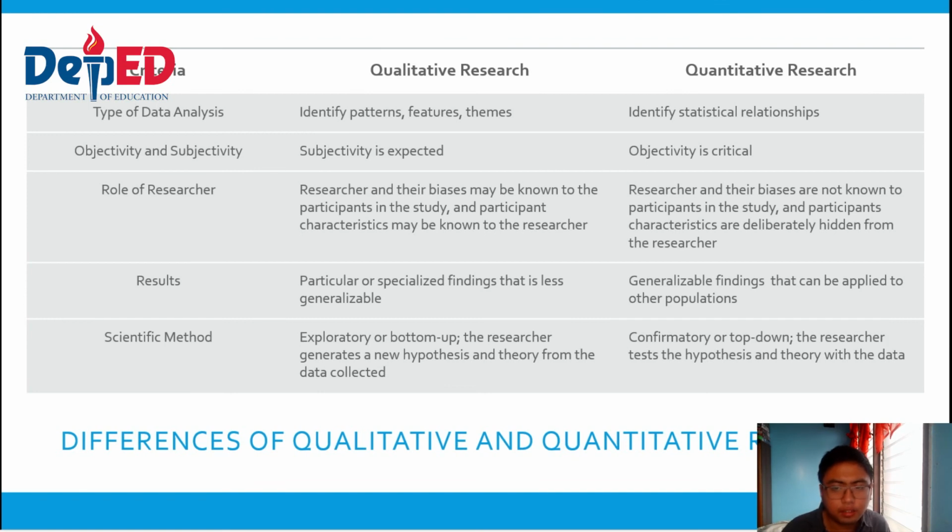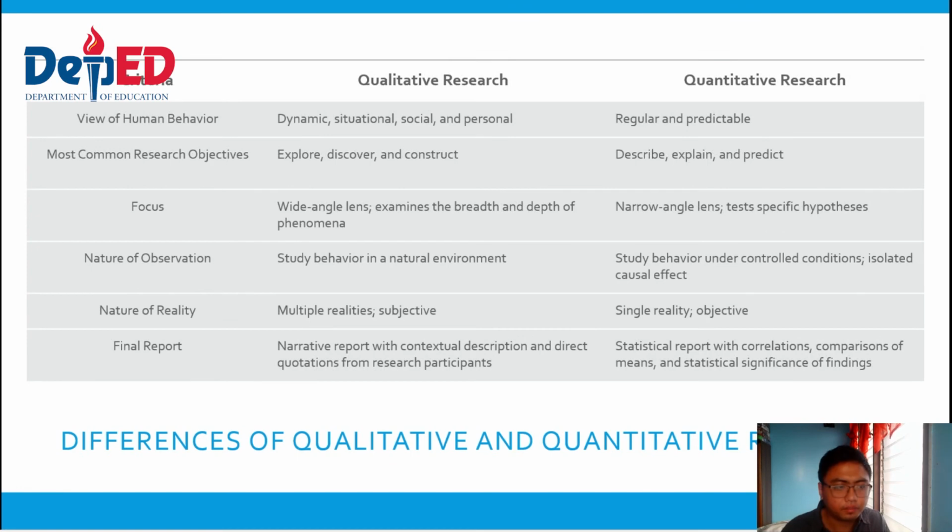While in quantitative research, you can say na yung generalizable findings natin would be the same or possibly the same with other population with the same criteria. Then, qualitative research under scientific method, it's exploratory or bottom-up, generates new hypothesis or theory from the data collected, while quantitative is more on confirmatory, top-down, by testing the hypothesis and theory with data.